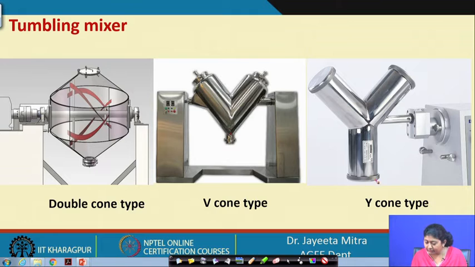There is a Y cone type mixer. There is one extra cylinder added to the V cone, and this also gives some extra volume and better mixing. So, these are the tumbling mixers, different kinds of tumbling mixers used for solid mixing.